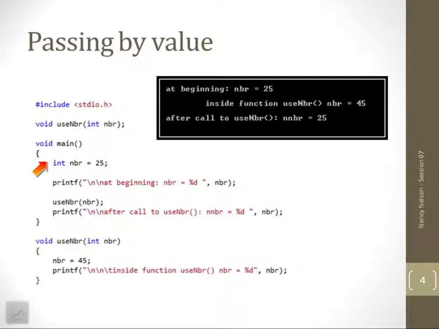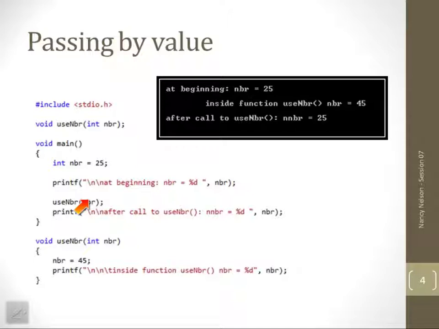So we come up here, we have an integer called number with a value of 25. We print at the beginning, number is equal to, and it's going to print number, which is 25. Then we call our function useNumber. We're going to pass the 25 in.